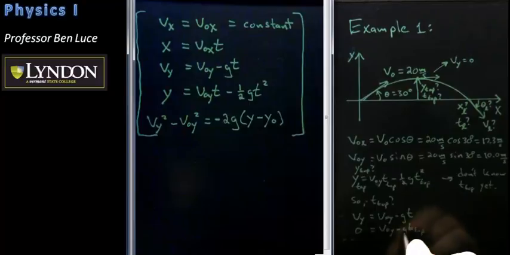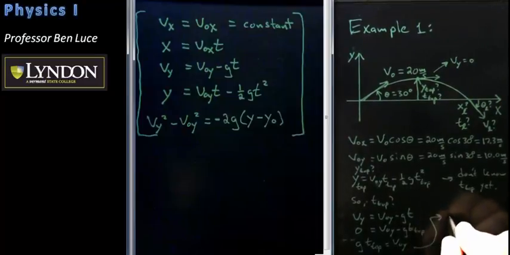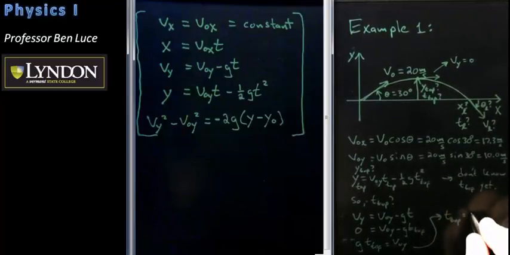Then adding g t top to both sides gives us g t top equals v naught y, and now we can solve for t top. T top will equal v naught y divided by g.